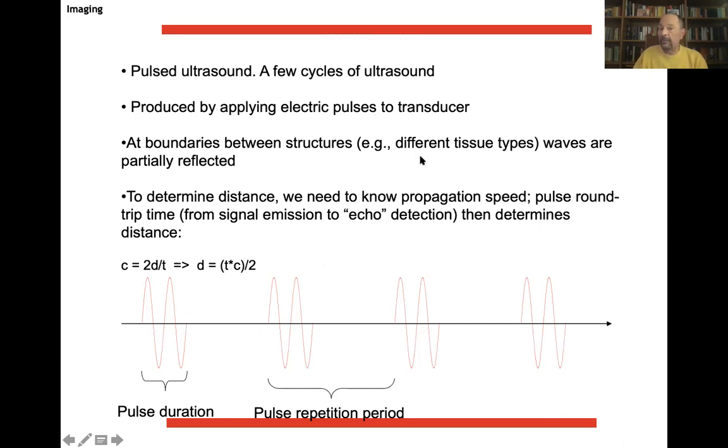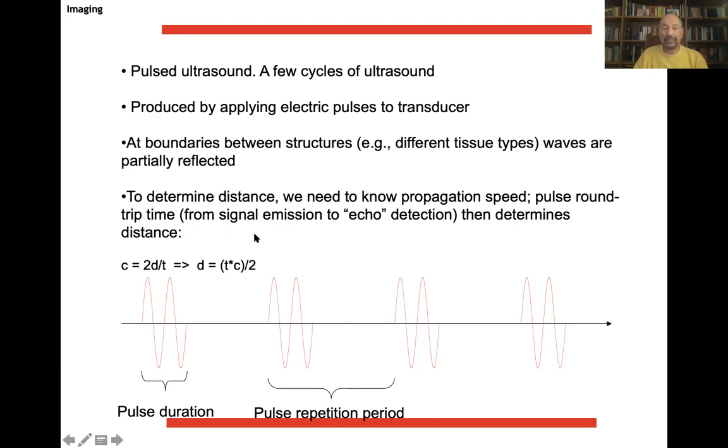At boundaries between structures, for example between different tissue types, waves are partially reflected. To determine the distance, so to convert it into an image, we need to know the propagation speed and the pulse round trip time, from signal emission to echo detection. Ultrasound imaging is also called echography.